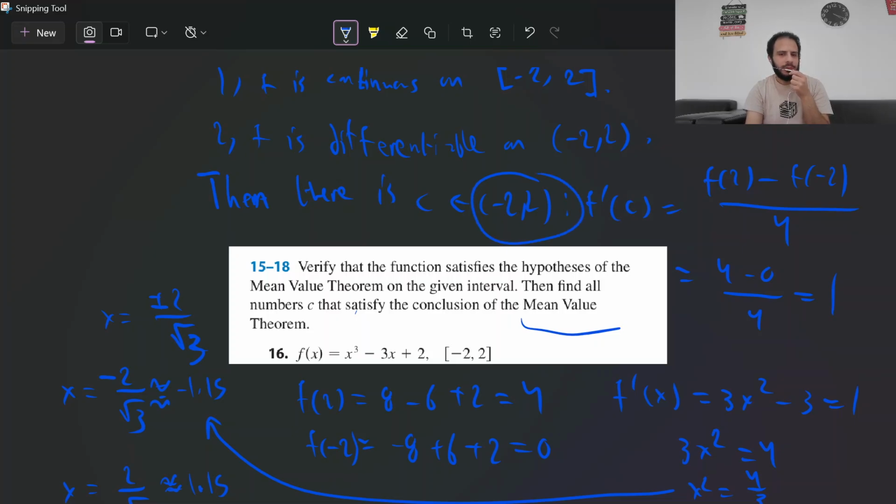So always remember, when you have more than one solution, you need to check the values, or use understanding. For example, if the interval is 4 to 5, and I have two solutions, one of them is minus 3 and one of them is 4.5, which solution will I take? The positive one, right? So this is the idea. When you have more than one solution, you take the correct one that is in the open interval.